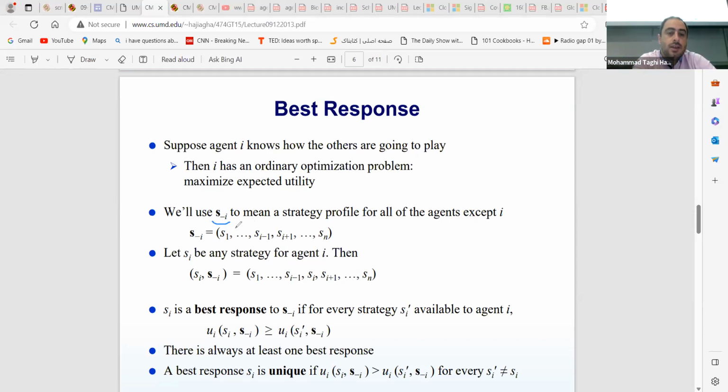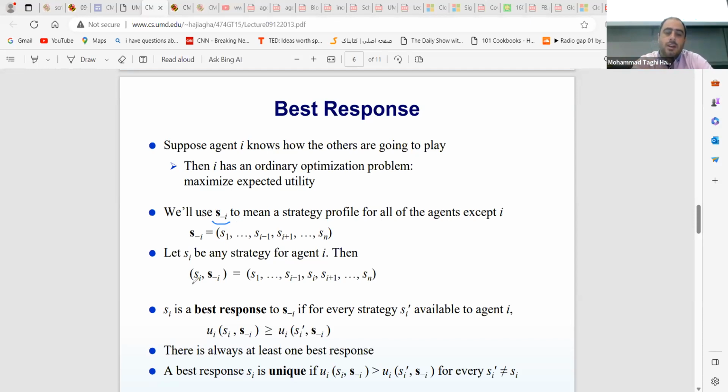Generally, it is a vector if there are more than 2 players in the game, and it would be just the other player's strategy if there are only 2 players. So if there are more than 2 players, S minus I is a vector of other people's strategies, but if there are 2 people, it essentially means the strategy of the other.